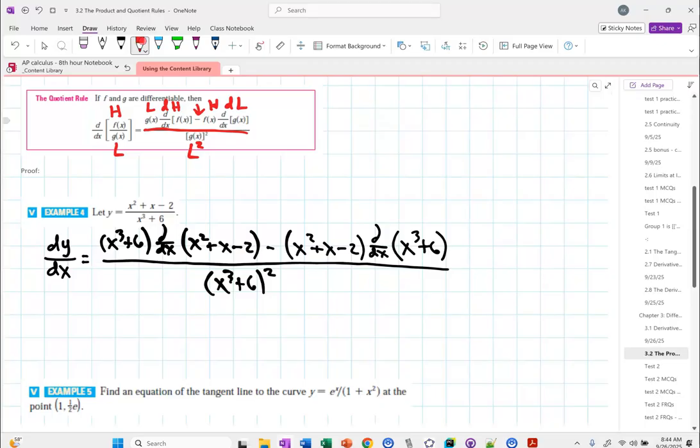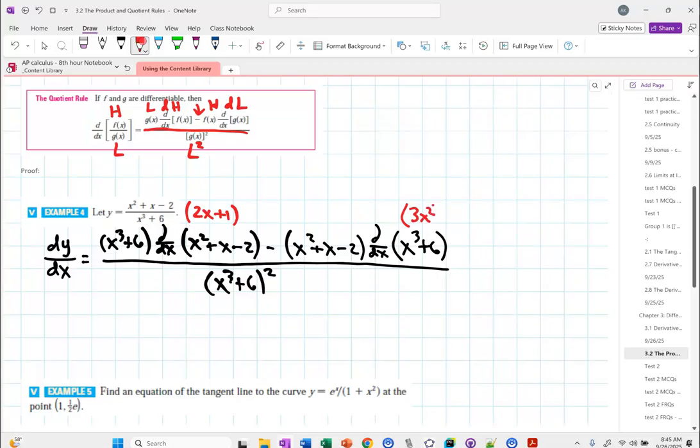All right, you ready to keep going on this? Okay. Derivative of x squared plus x minus 2 is? 2x plus 1, right? And what's the derivative of x cubed plus 6? 3x squared.